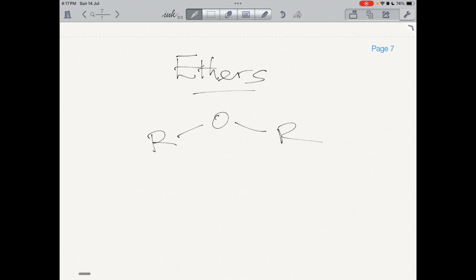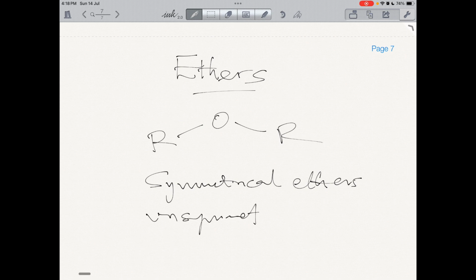Okay, so this is what you have: different types. You have the symmetrical ethers, and you have the unsymmetrical ethers.